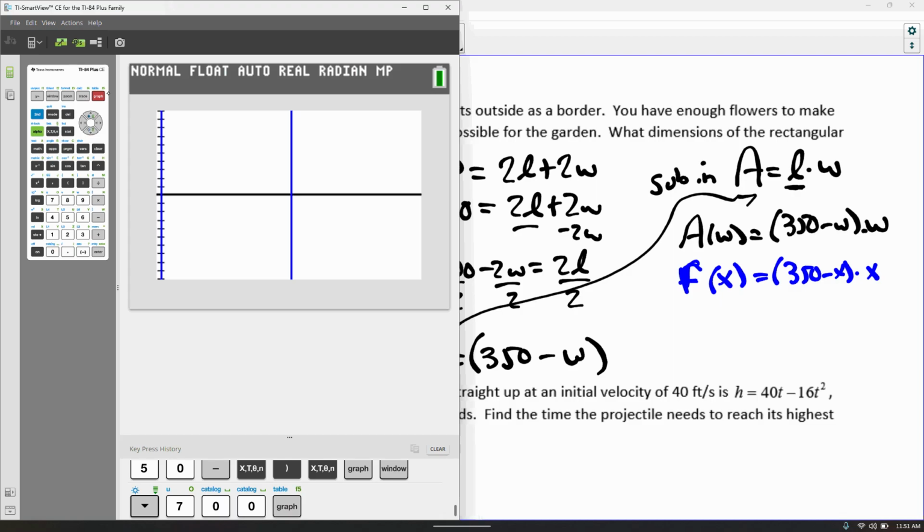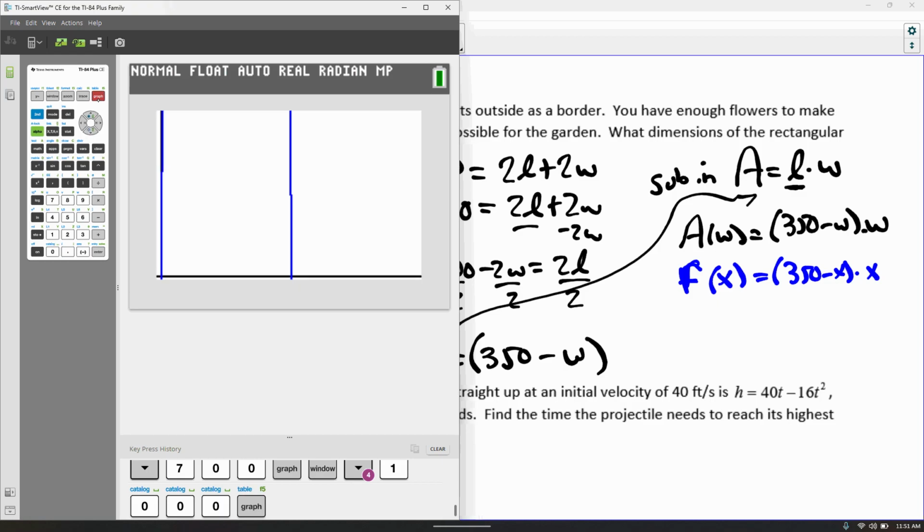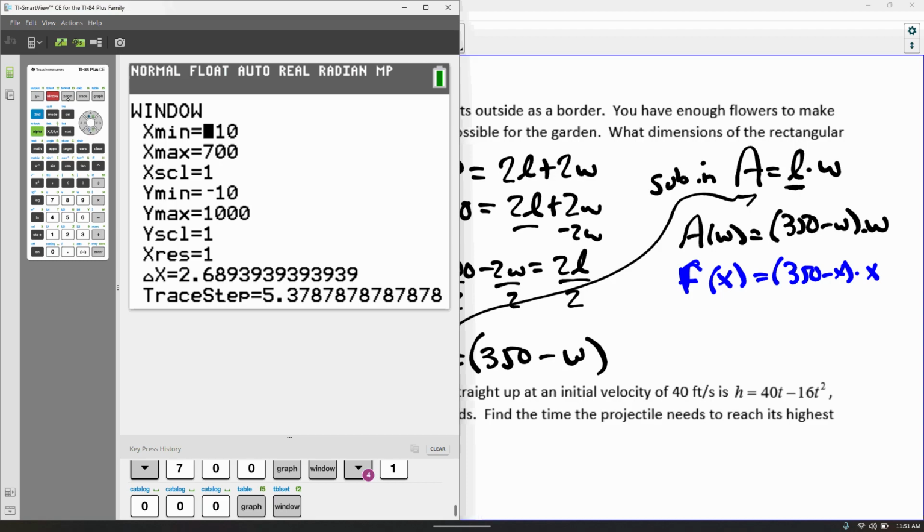You took your flowers in a straight line. You can't, so you know it's going to be less than that, okay? Now, the next thing we did was we went to our window and we had to pick our Y. Our Y, in this case, we just chose 1,000 to start with. We didn't know if it was going to work or not, but obviously it doesn't work. So we went back to the window and we picked it. Instead of doing 2,000, we just chose to add a what?